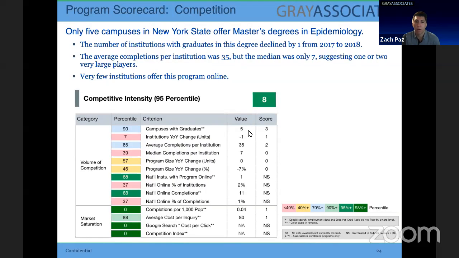One really important thing here, especially if this is a current program or even a new program, is identifying how large this program can be for you. So we look at the average completions and the median completions. And this tells us the average number of completions in New York State for the five programs is 35. That means that there were 35 graduates on average from each institution.